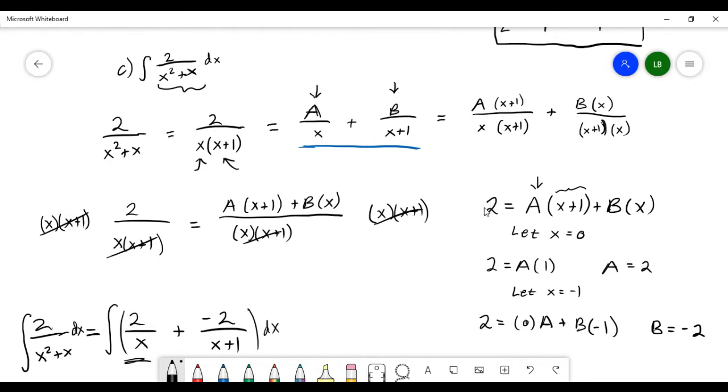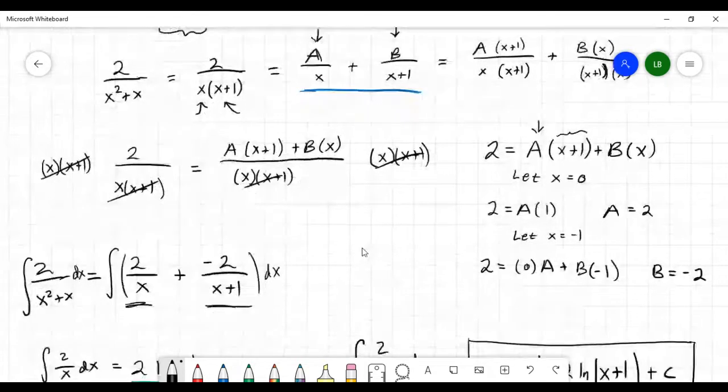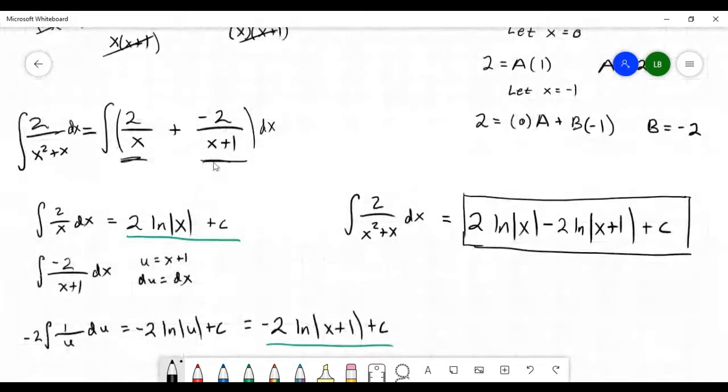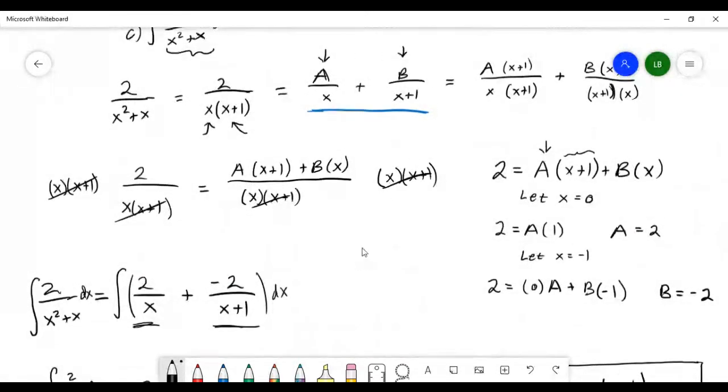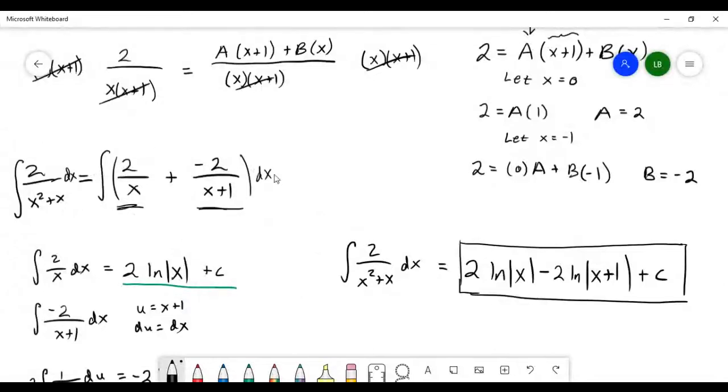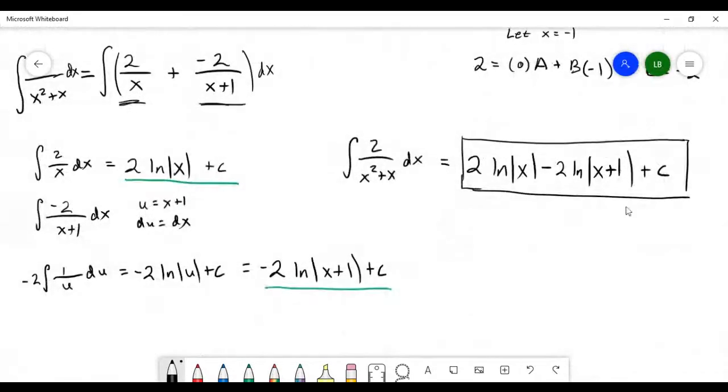And then since it had to be true for every x value, we could choose x values in order to essentially eliminate some of the variables we had. So for instance, we could choose x equals 0 to get rid of b in our equation. And in that way, we can solve for a and b. We simply plug a and b back in to the partial fractions that we found in order to get actual equations that we could integrate and then use as our answer.